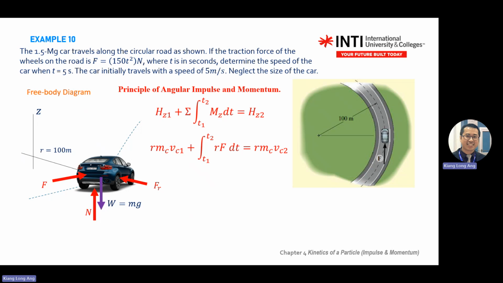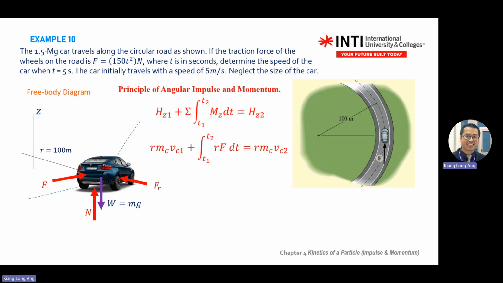How do you find moment? r cross F. Because it's angular, your force is always perpendicular to the radius. The tangent direction is always perpendicular to the radius.